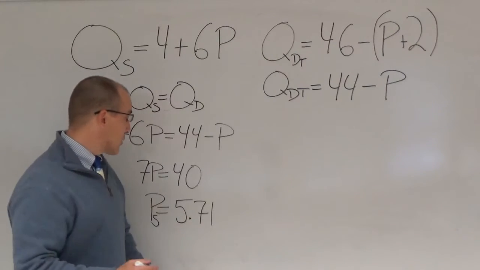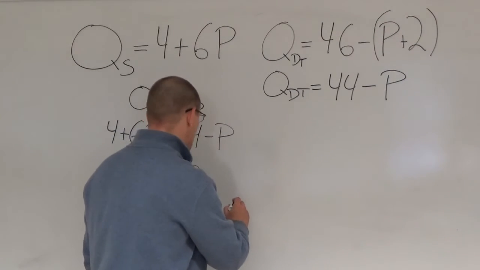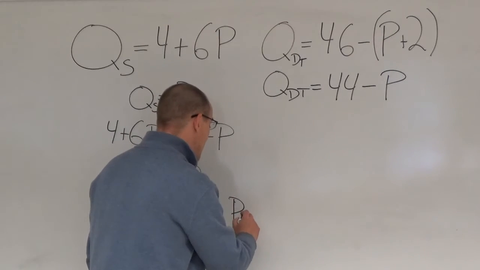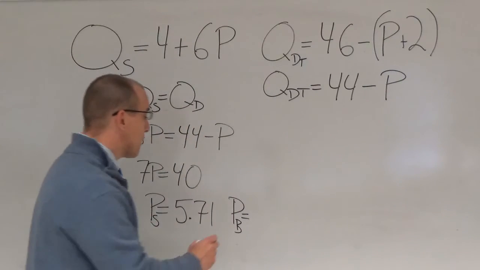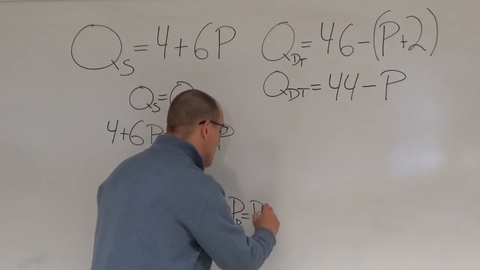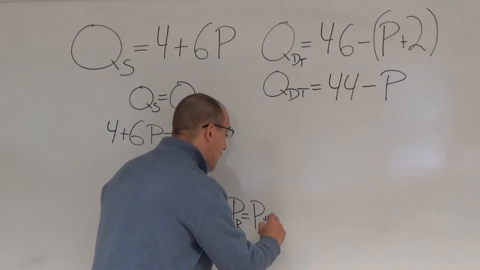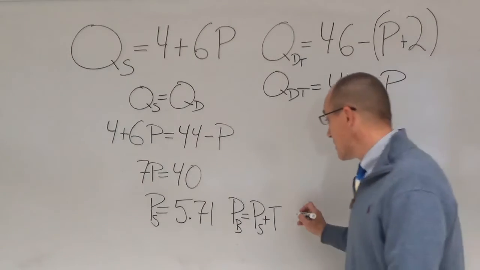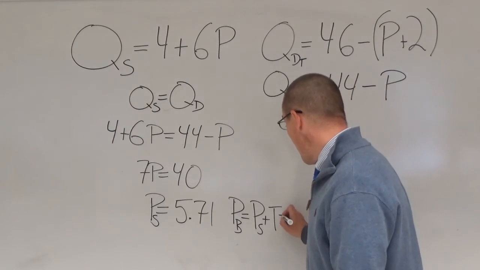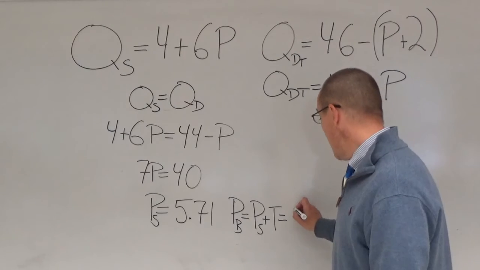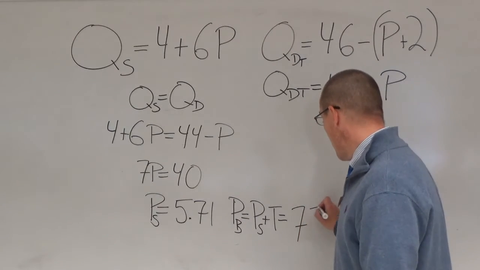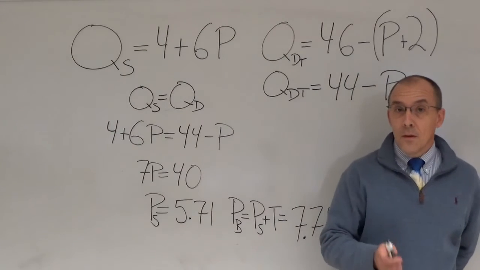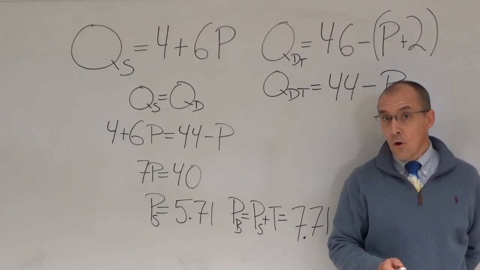The price for the buyer is the price of the seller plus the tax. In this case, because it's a $2 tax, the price for the buyer is going to be $7.71.